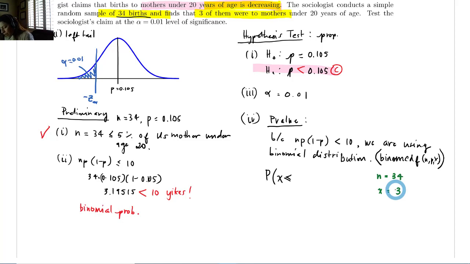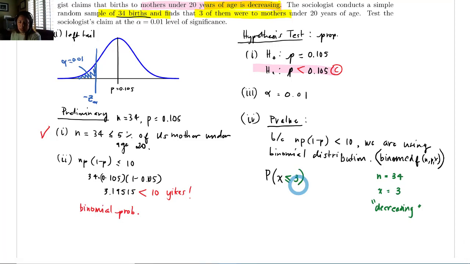So if we want to test the claim that this rate is decreasing, this means we're looking for the probability that a randomly selected sample would have less than or equal to 3 births in which mothers were 20 years or younger.